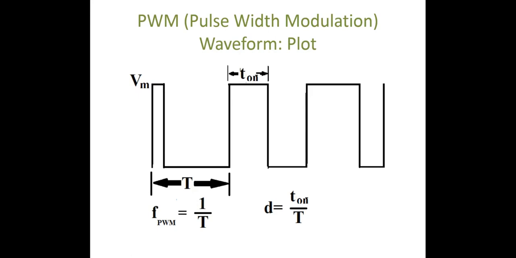So here you can see a PWM waveform. You can see that the amplitude of the waveform is constant at a certain Vm, and so are the frequency and time period.